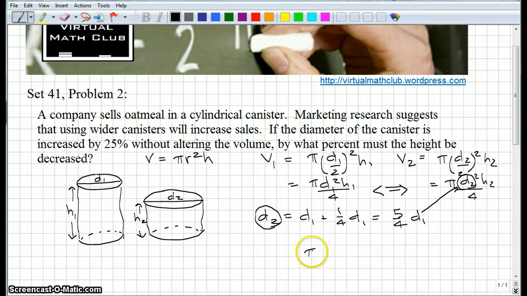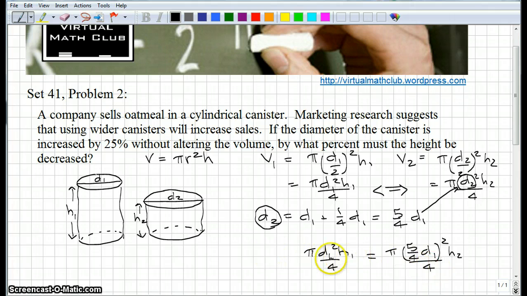So we have pi D1 squared H1 over 4 has to be equal to pi D2 squared, so that's 5/4 times D1, that whole quantity squared, times H2 over 4.